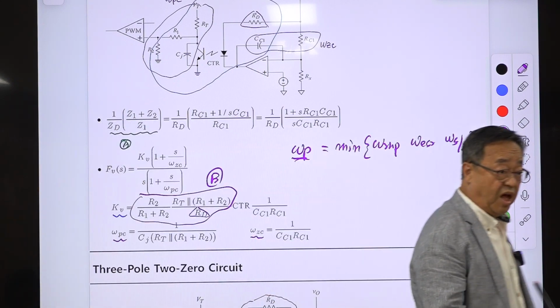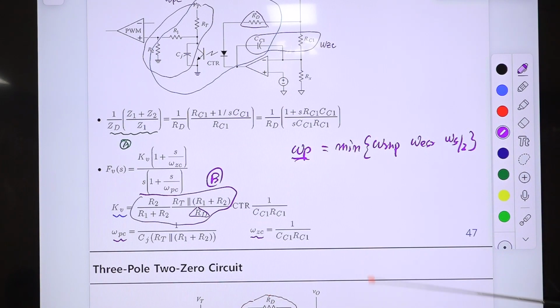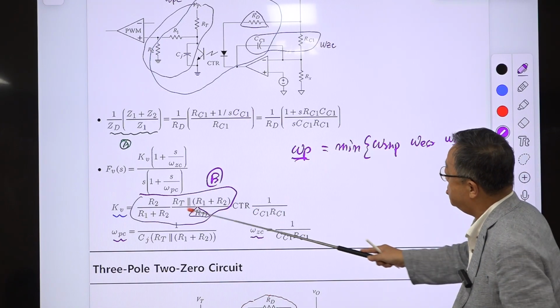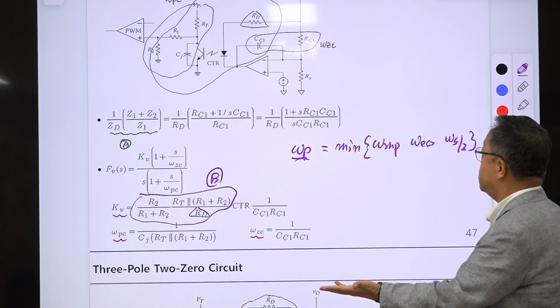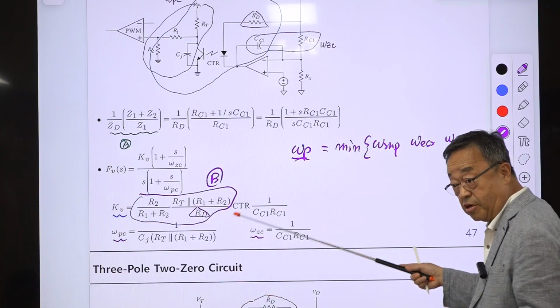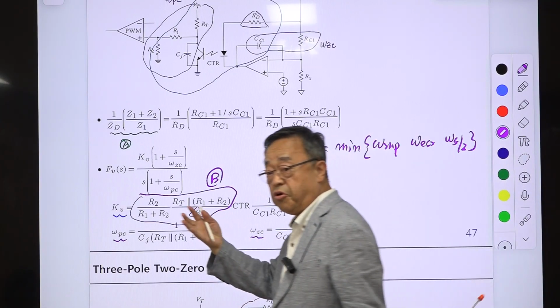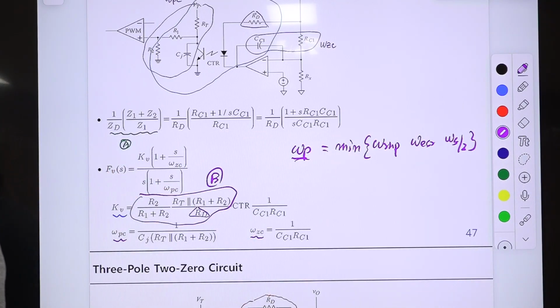Okay. But it's not easy to locate this because this is determined by this one. Many things are already fixed and there is uncertainty here. But you should use your engineering judgment in selecting this, or you need to fine tune in the final stage of your design. Okay, so this becomes 2-pole 1-zero compensation.